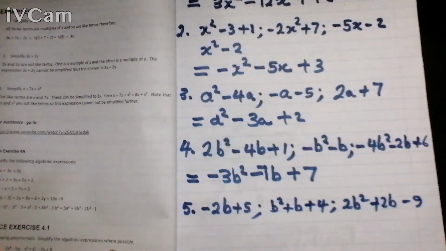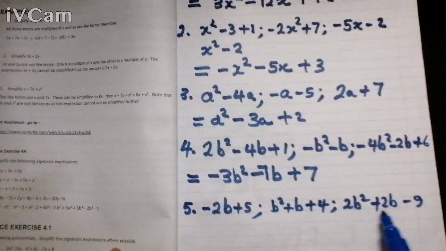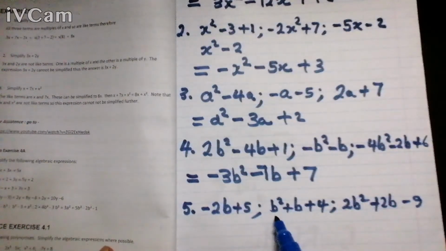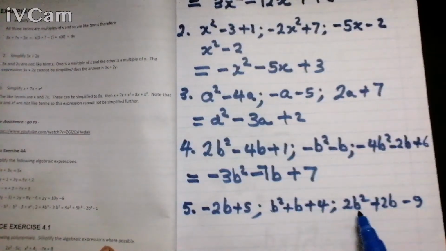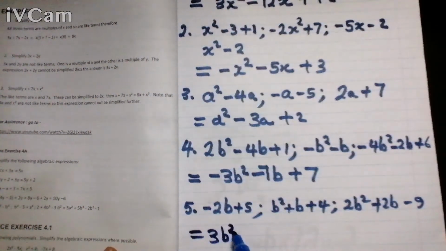Okay, are you done with that? Let's check your answer. So this is a binomial, trinomial, trinomial, and if you look at the highest order here is b squared. There's no b squared here, so we start from here. There's b squared, and add another 2b squared, so that's going to be 3b squared.